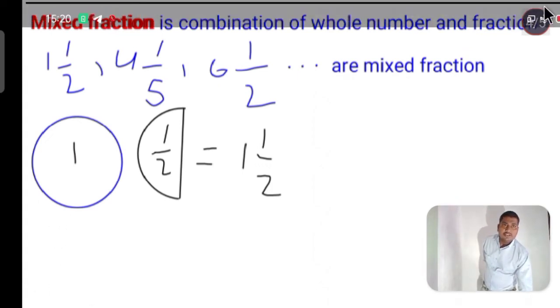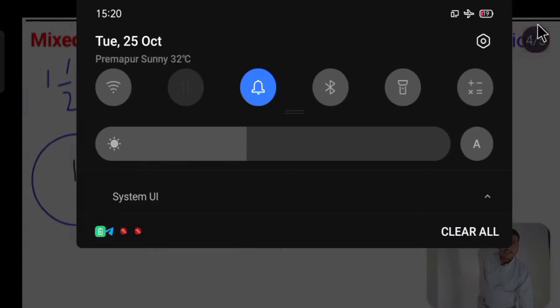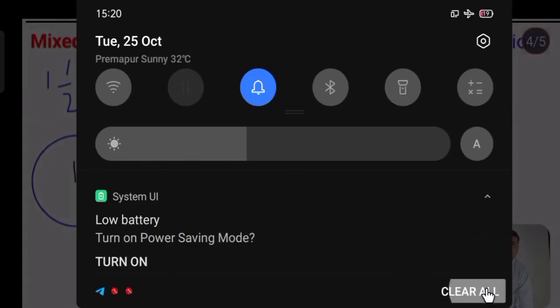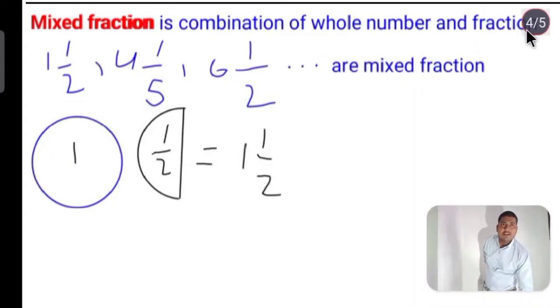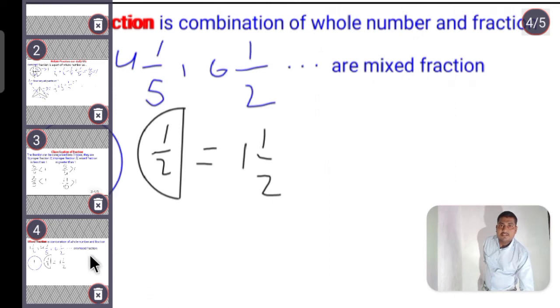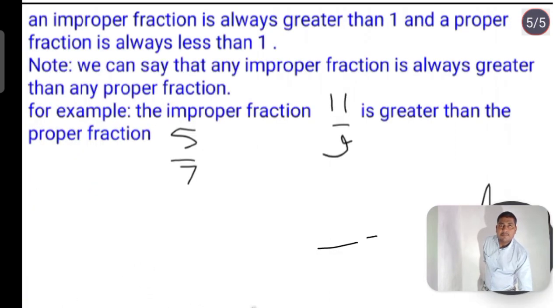The important fact about fractions is that an improper fraction is always greater than 1 and a proper fraction is always less than 1.